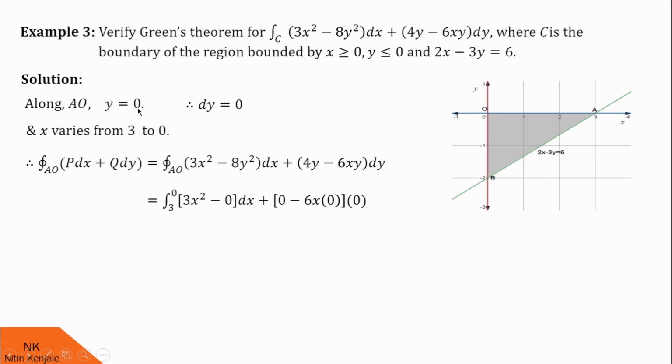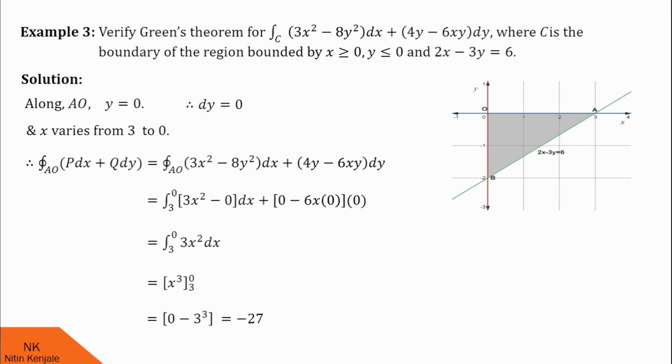We are substituting y equal to 0 here, then y equal to 0 here and here. Dy is also 0. So simplifying which, we get integral of 3x square dx over the limits 3 to 0. Integrating 3x square, we get 3x cube upon 3. 3 gets cancelled, we are left with x cube. Substituting these limits, we get answer minus 3 cube, which is minus 27.